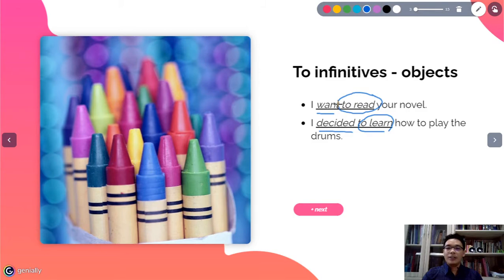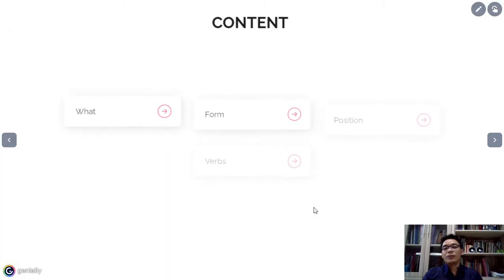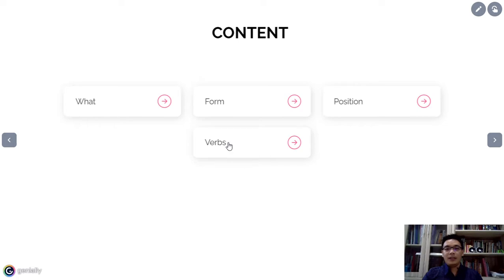You can change this into, let's say, I wanted, but still to read. I decide to learn. So whatever the verb forms are, whatever the subjects are, you have to put to infinitives.